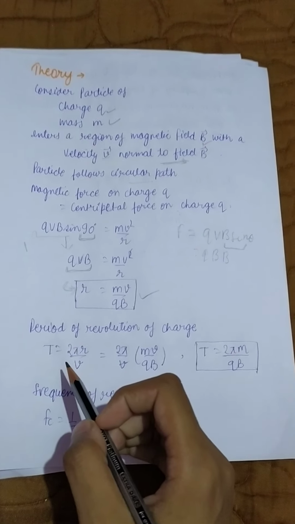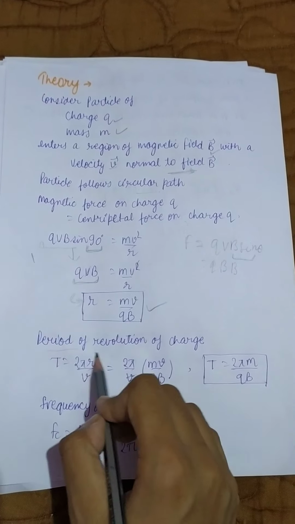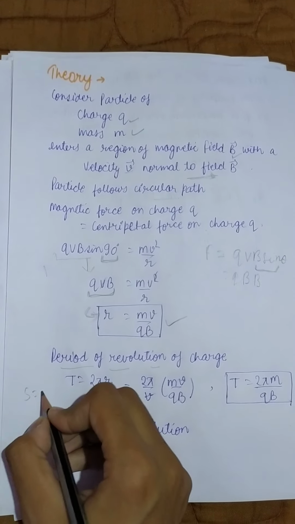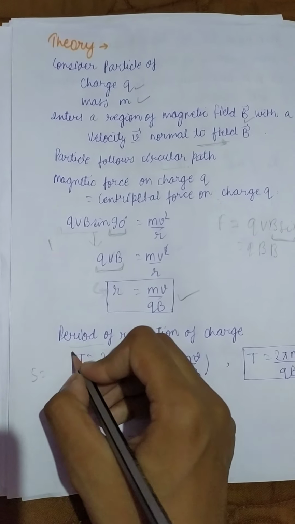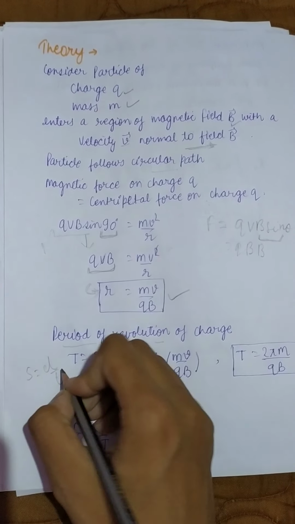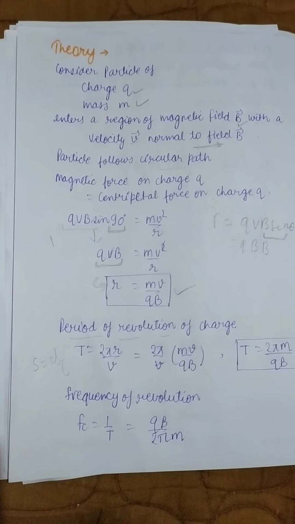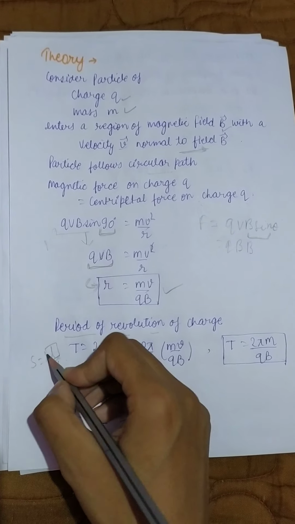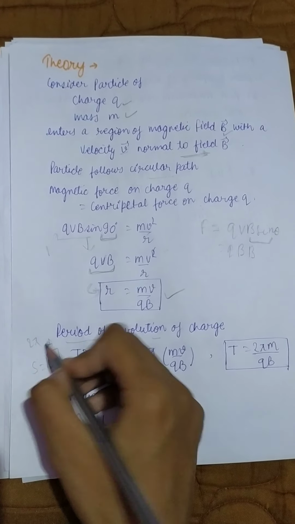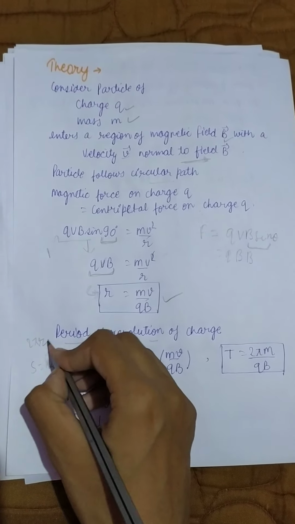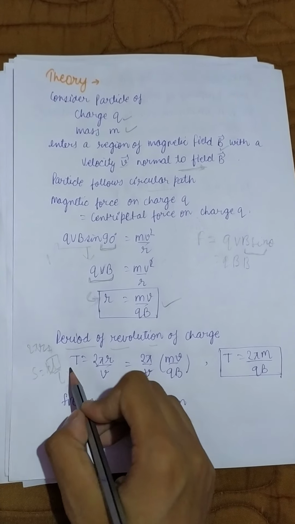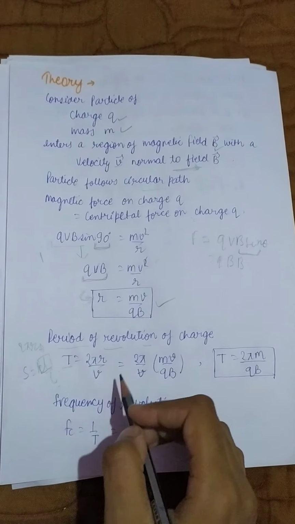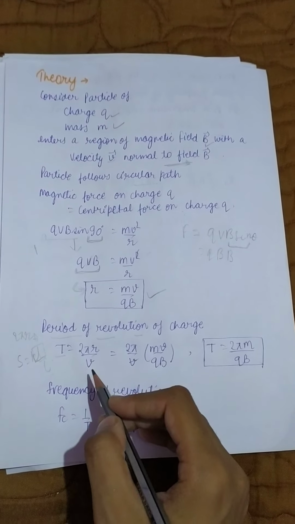Now if we want to find the period of revolution of this charge, we already know that speed is equal to distance upon time. The distance the charged particle covers is the circumference of the circle, so it is 2 pi r. So the time is 2 pi r divided by v.